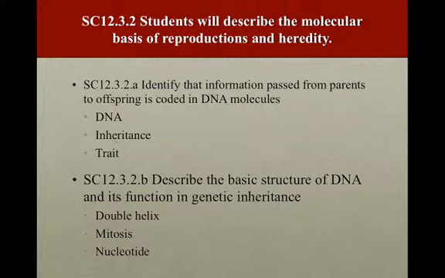So pretty simple there. The basic structure of DNA, it's a double helix. It has 2 strands that are twisted. Mitosis is how a cell replicates itself. Your claymation, the steps of mitosis. Do you remember PMAT?